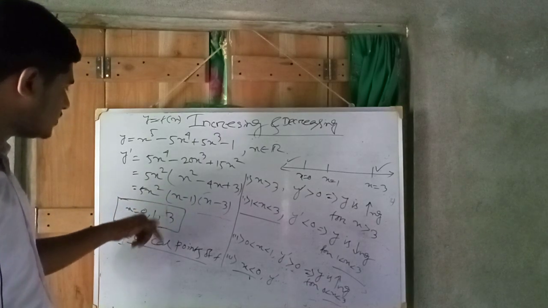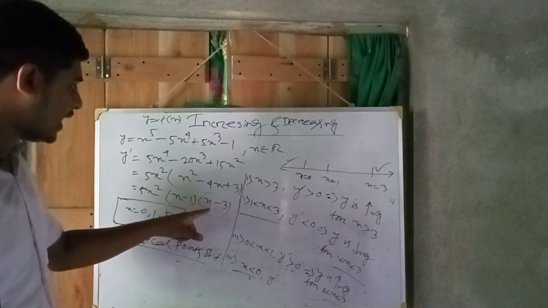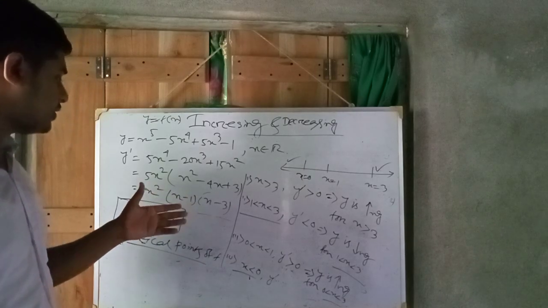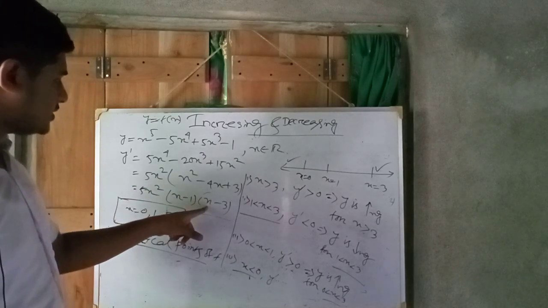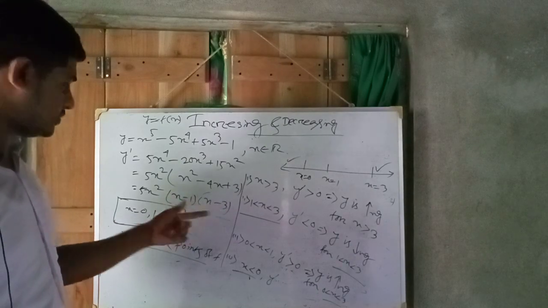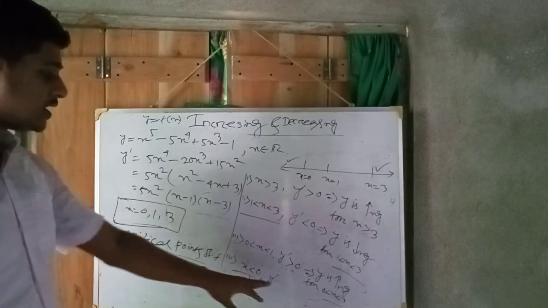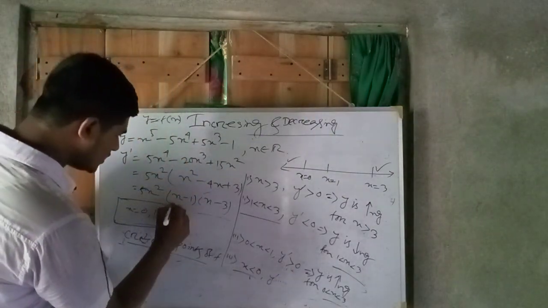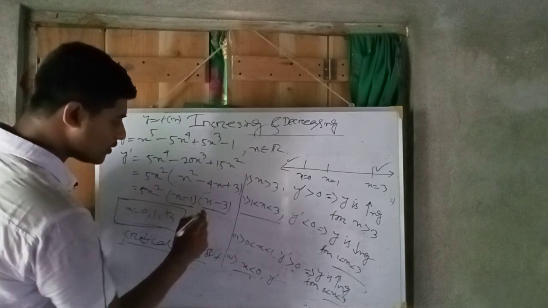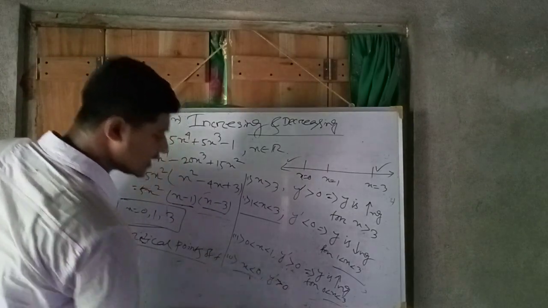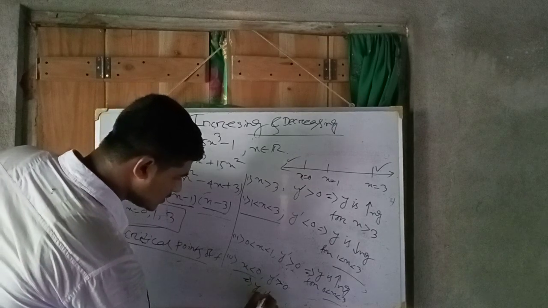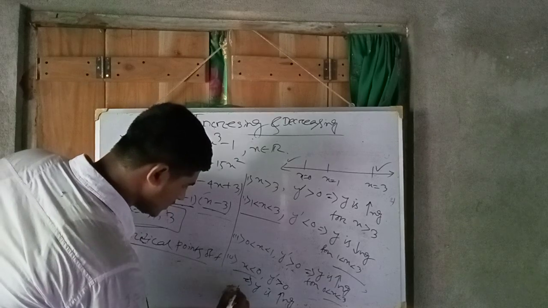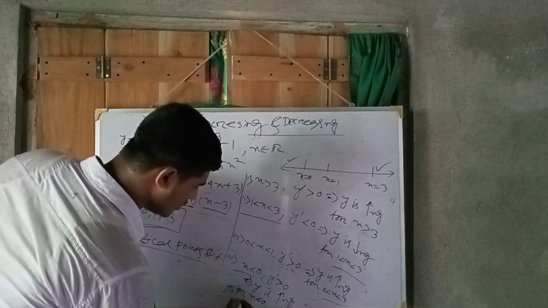This term is negative and this term is also negative, because a negative number minus 1 is negative, and a negative number minus 3 is also negative. So together they form positive. So y dash is again greater than 0, which implies y is increasing for x less than 0.